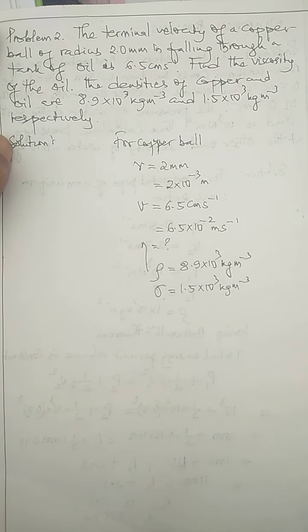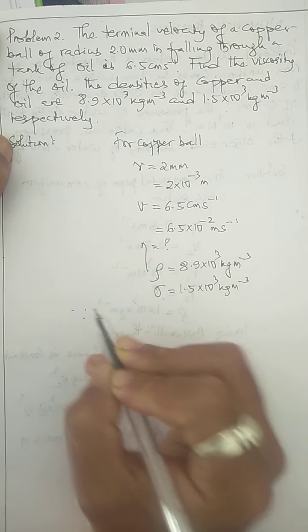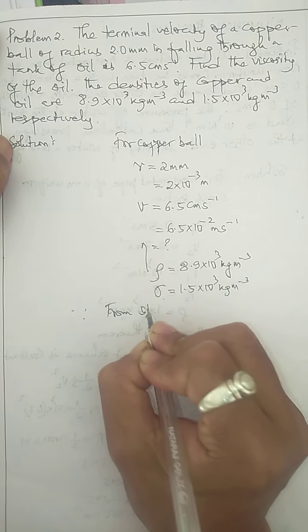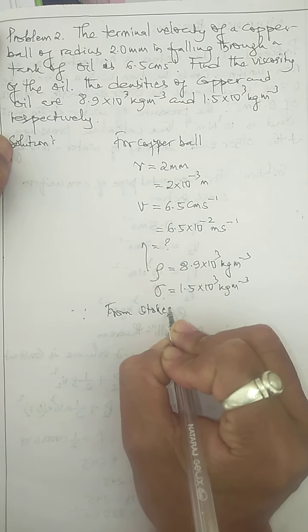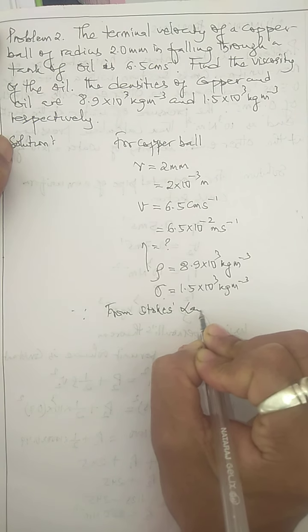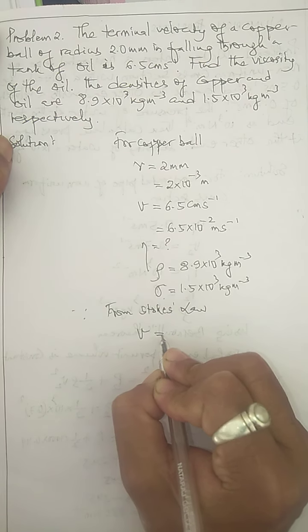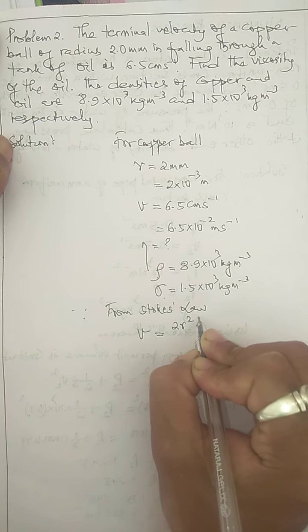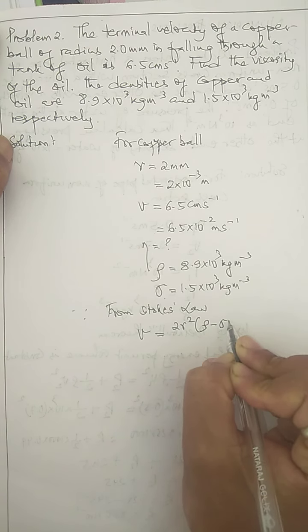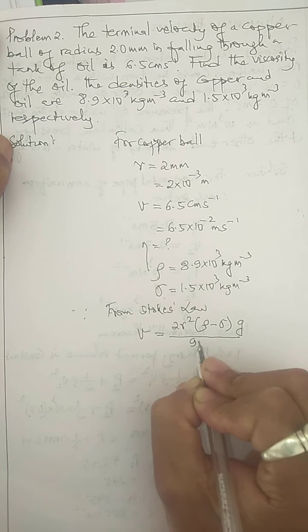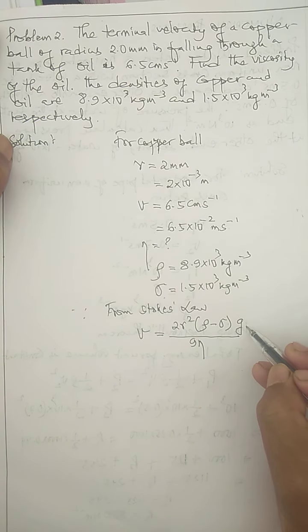Okay, now to calculate the radius, I use the formula of terminal velocity. Now from which law? Stokes law. From Stokes law, the terminal velocity is given by the formula v equals 2r square (rho minus sigma) g by 9 eta, and this g is the acceleration due to gravity.